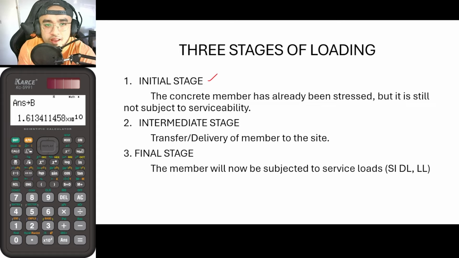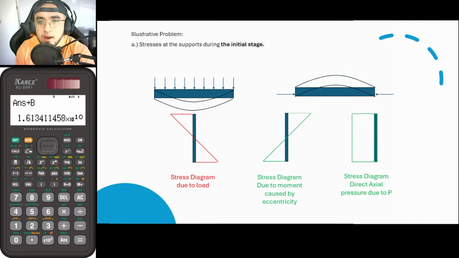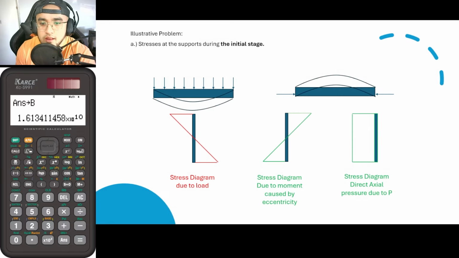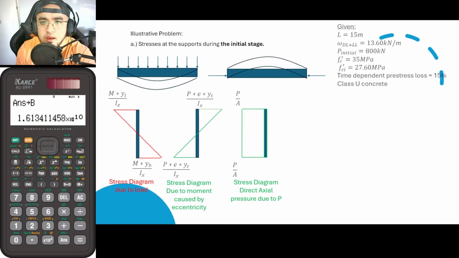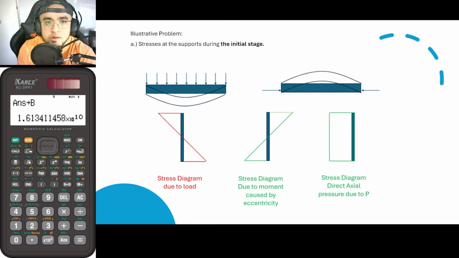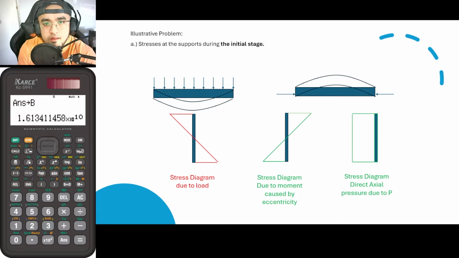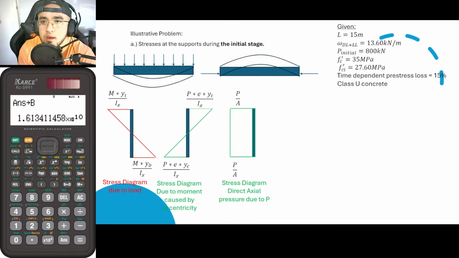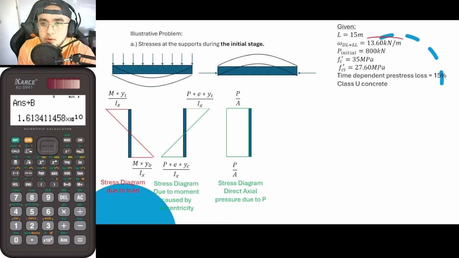And during the initial stage, only the concrete member has already been stressed, but it is still not subject to serviceability. So meaning, if you would be going back here, and let's say that I will be displaying the givens here later on, during the initial stage we will not be applying the superimposed loads.